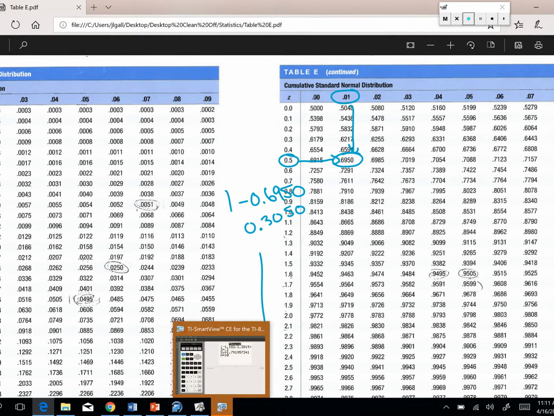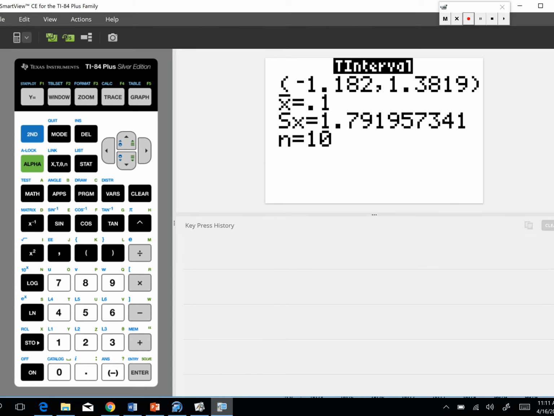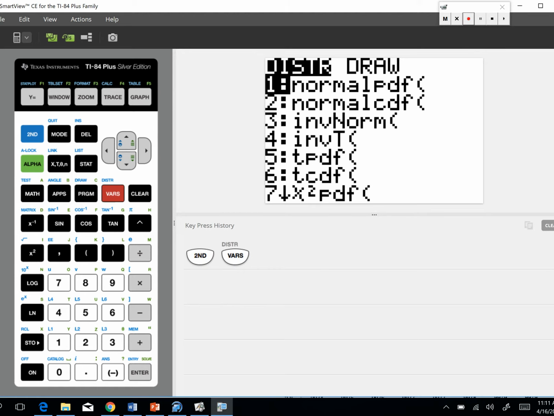If you're a calculator person, we need to go second vars, normal CDF.